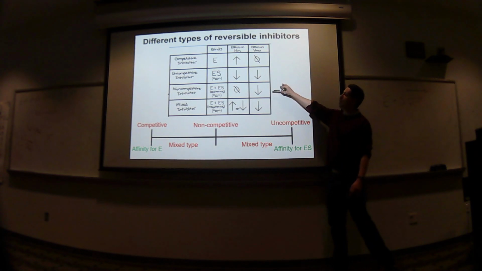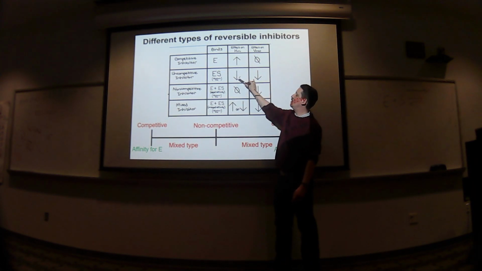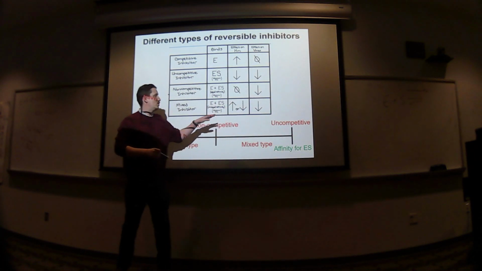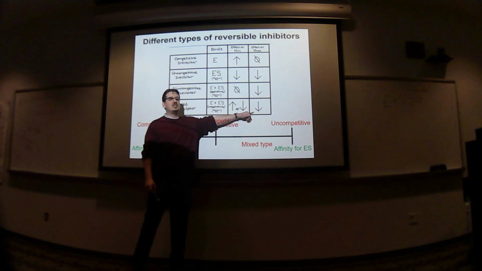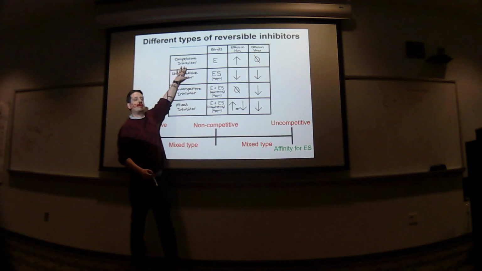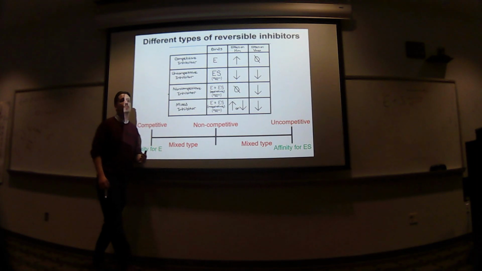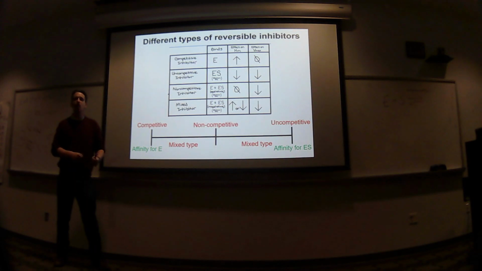Let's skip non-competitive, we'll come to that in a moment. Let's go down actually to mixed type. Mixed type has aspects of both. So it will reduce the Vmax because it will do the same thing as the uncompetitive, and it will remove some from the equation.